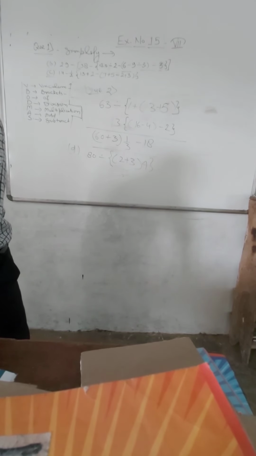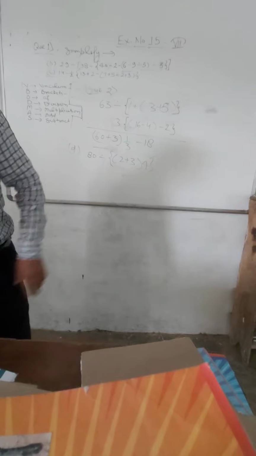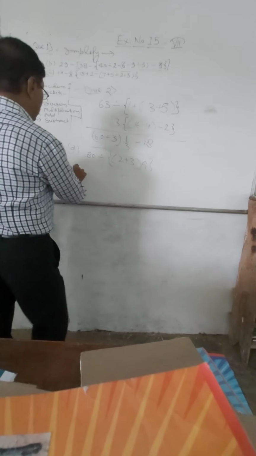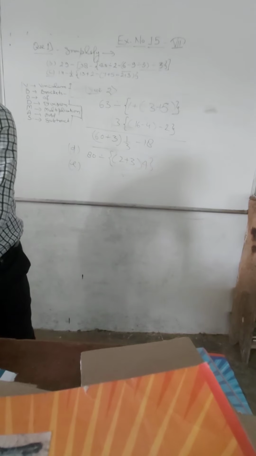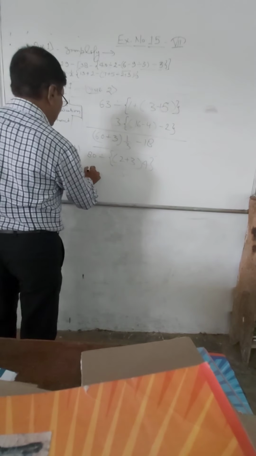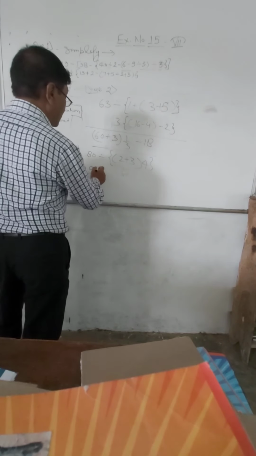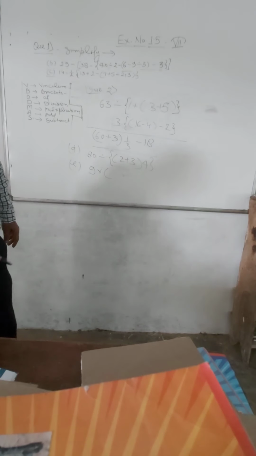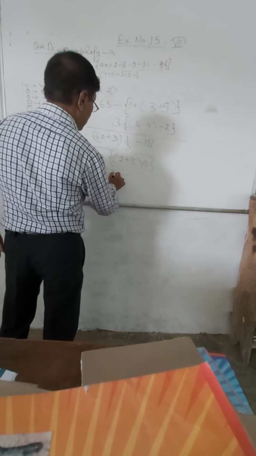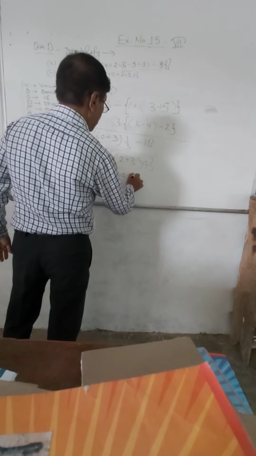Again, next question, E. 9 multiplied by the sum of 3, 4 and 5. 9 multiplied by what? The sum of 3, 4 and 5, that is 3 plus 4 plus 5.